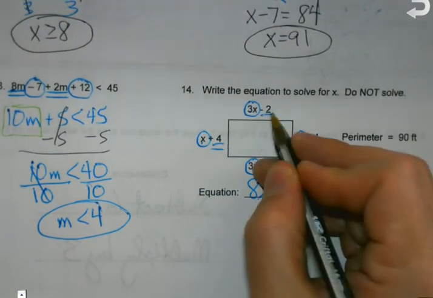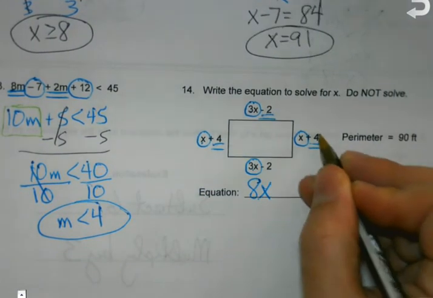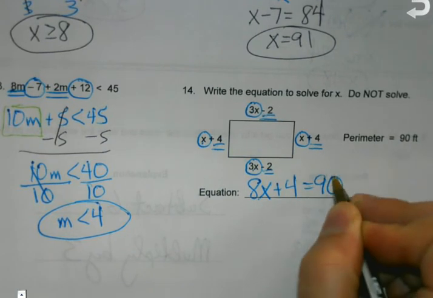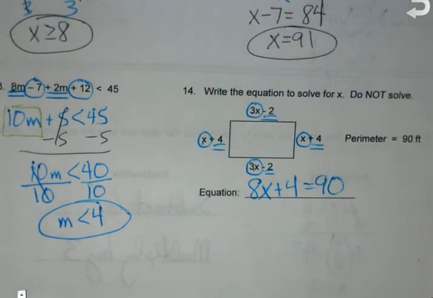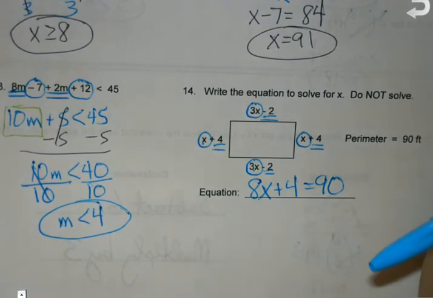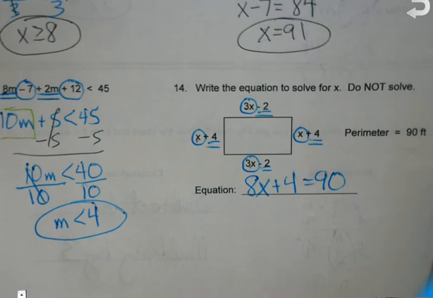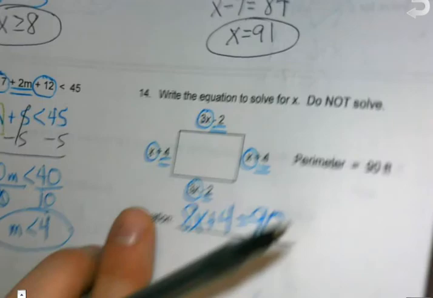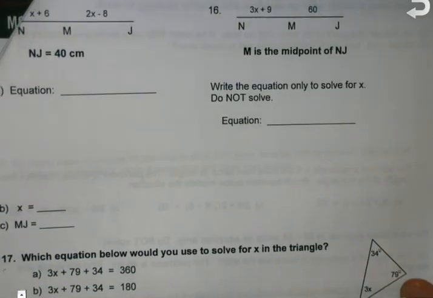Yep, 4 minus 2 is 2, plus 4 is 6. And I know it says do not solve, but I guess we don't solve it. I guess we got to follow directions, right? Okay, but that's how that was set up. Again, the two-step equations aren't most of your problem. It's getting to this step is where our dilemma happens. It doesn't come out real pretty.